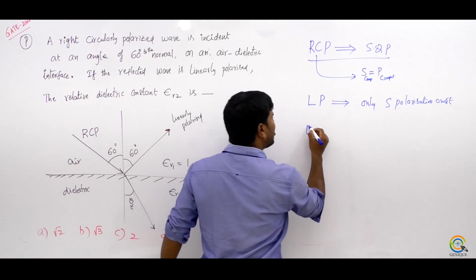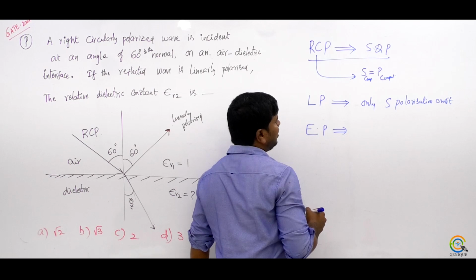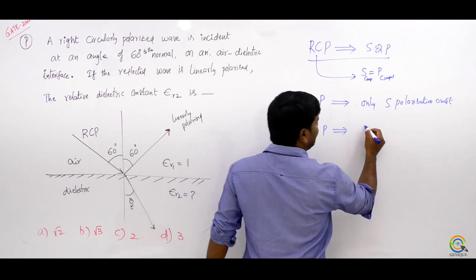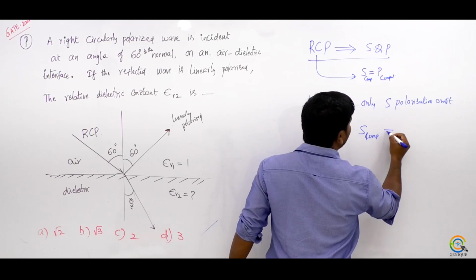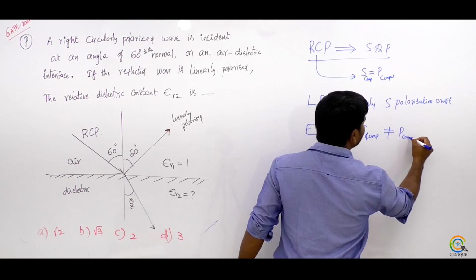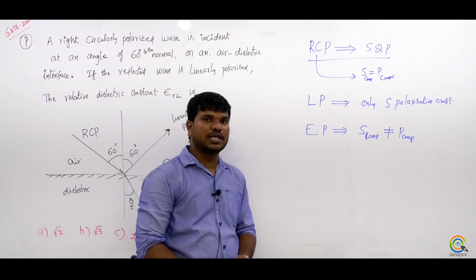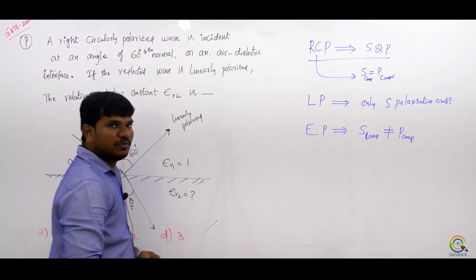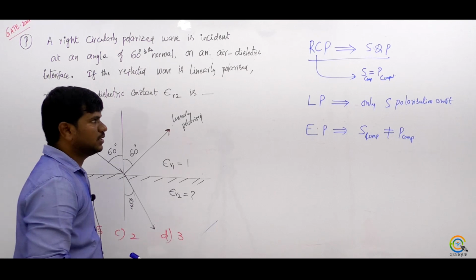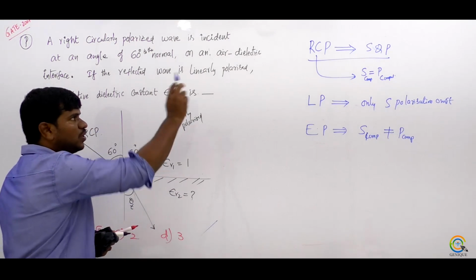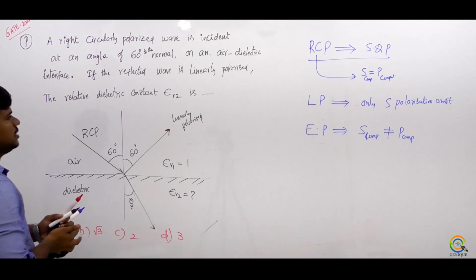For an elliptically polarized wave, what happens? The S component and P component are not equal. The vertical component is not equal to the horizontal component. So you have to note this. If you know this, this is very simple. See, observe this.